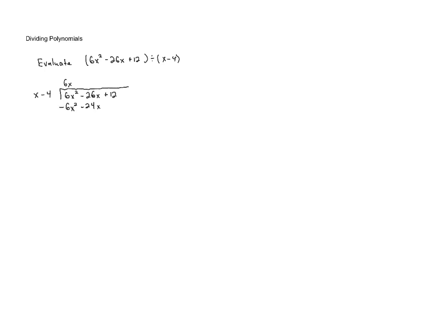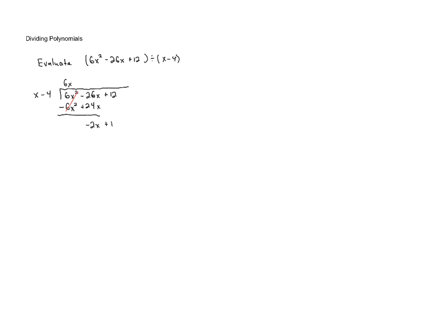So 6x squared will become negative 6x squared, and negative 24x will become positive 24x, and then we can just combine like terms. When we do this, 6x squared minus 6x squared is nothing. Those are going to cancel out. And then in the next column, negative 26x plus 24x is negative 2x.